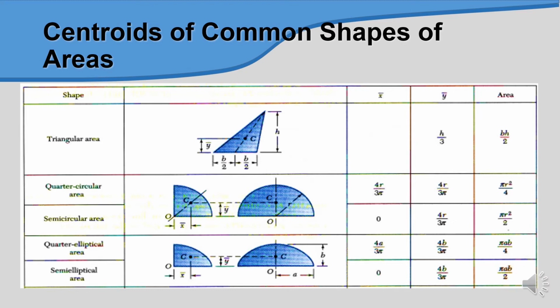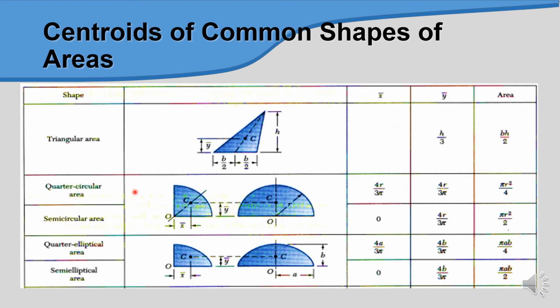In terms of a triangular area, the centroid is somewhere around here, whereby B and H represent the x-axis and y-axis. In terms of the value of y bar, it is basically H divided by 3.